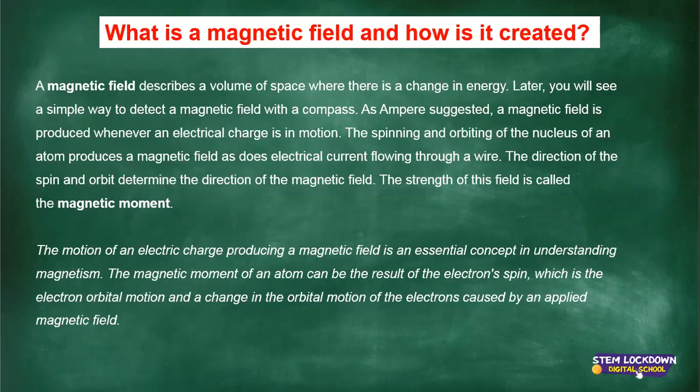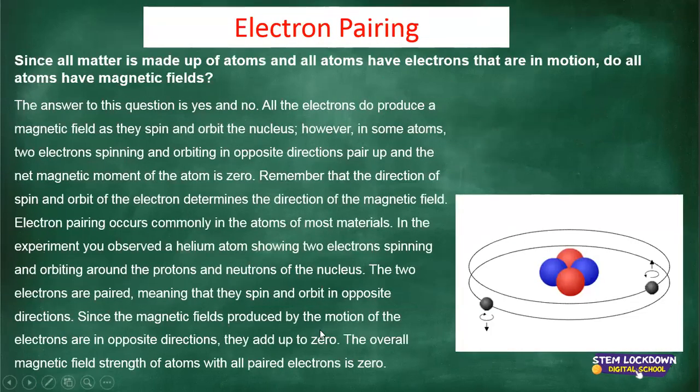As they move in this particular direction, it determines the direction of the magnetic field. That's the most important thing that you need to know in this slide. And since all matter is made up of atoms and all atoms have electrons, then there is motion. So all atoms have magnetic fields.